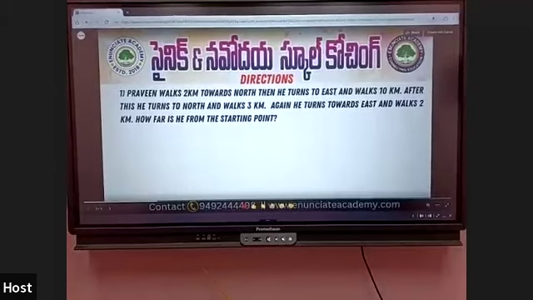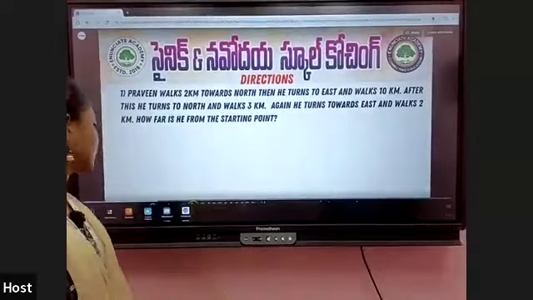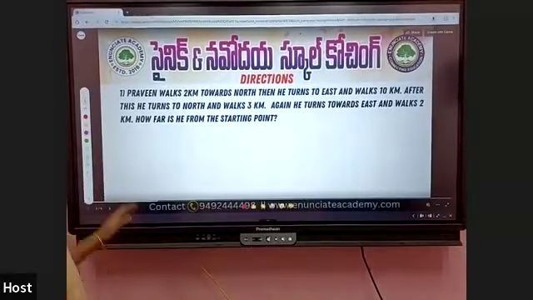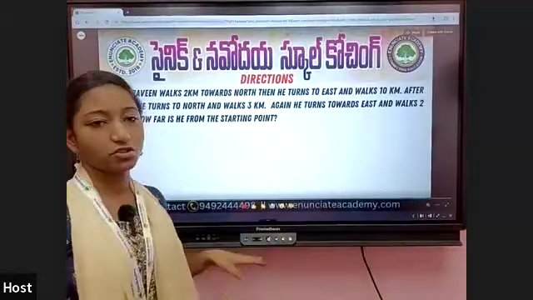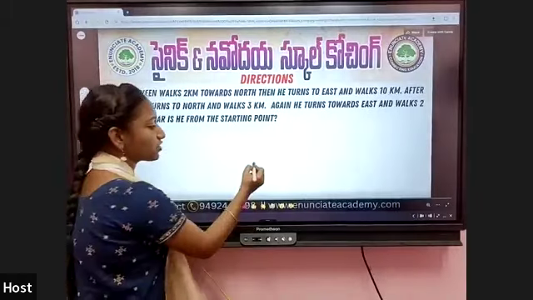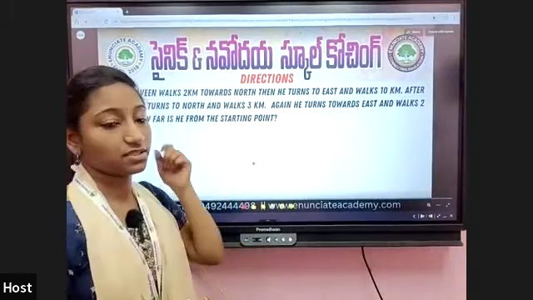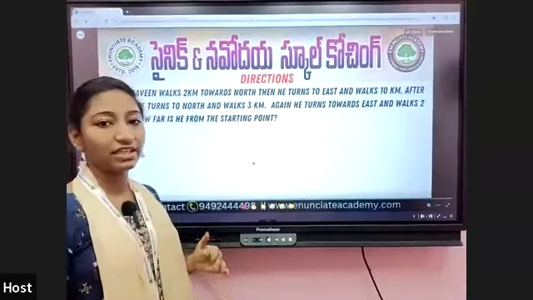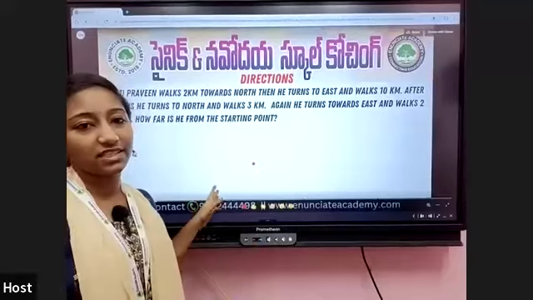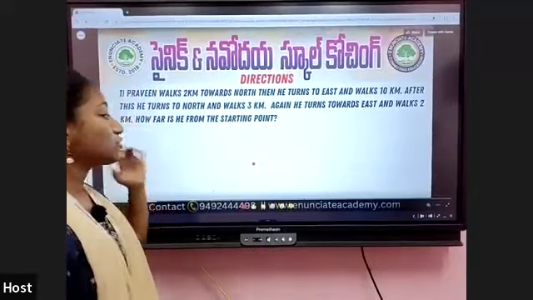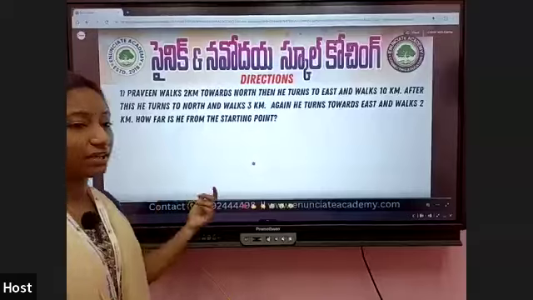Let us see one example on the directions. Praveen walks 2 kilometers towards north. We should take it that we are at that place. When we feel that we are at that place, we can easily solve the direction problem. That is the main thing.